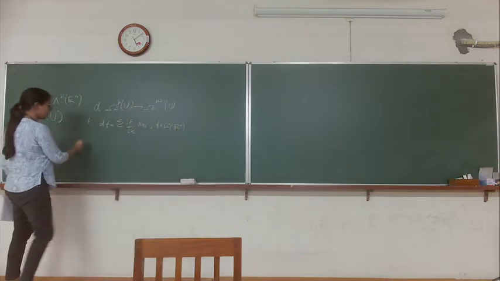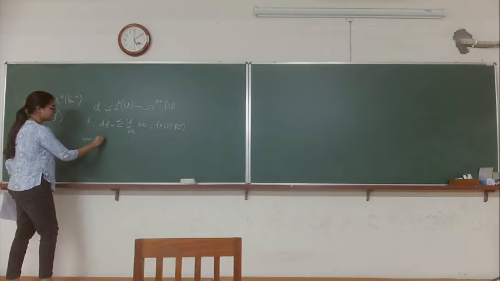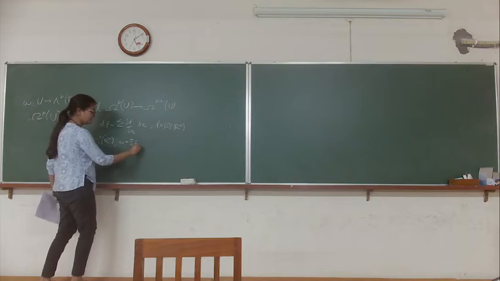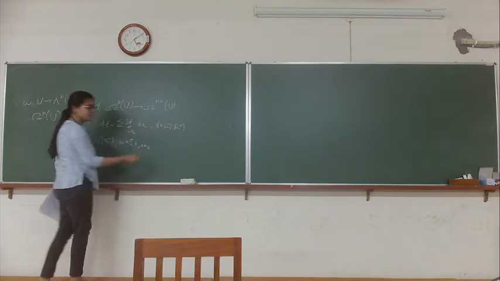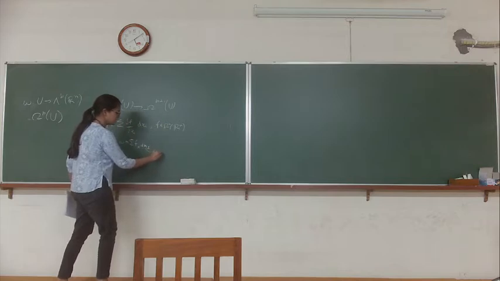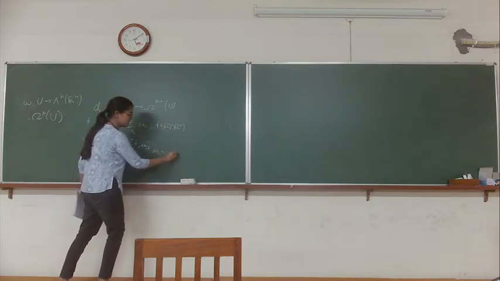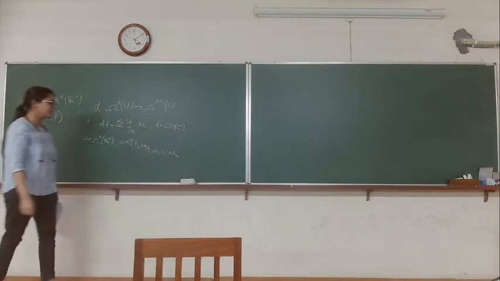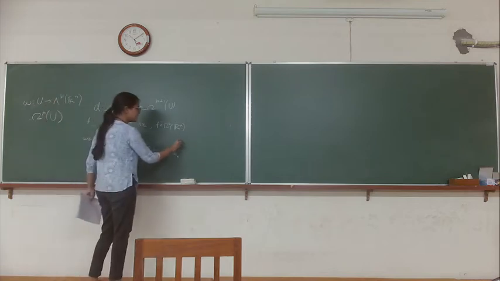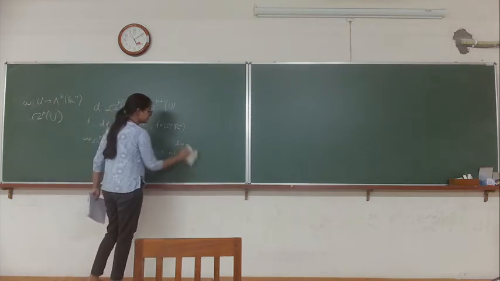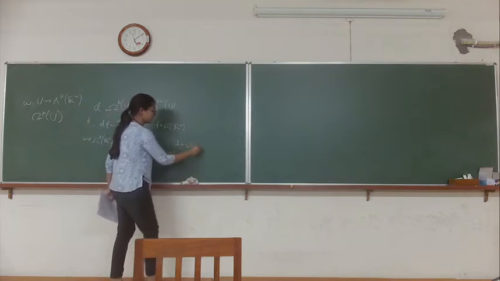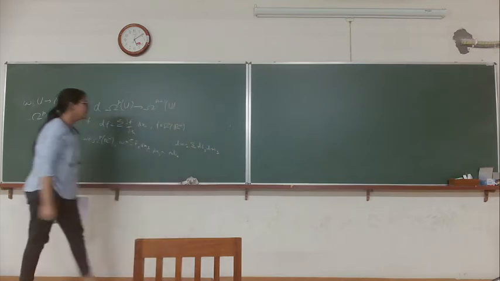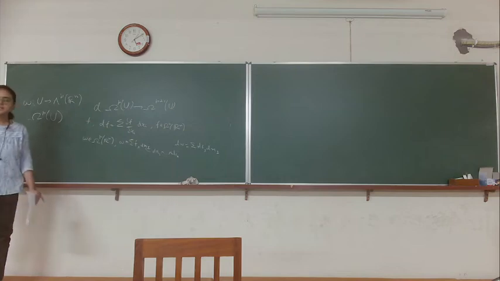And for any p form omega, we can write omega as the summation of f_I dx_I, where by dx_I I mean dx_{i1} wedge up to dx_{ip}, because those are the basis elements, so we can write any arbitrary span of that. For that, d omega is defined as the summation of d f_I wedge dx_I.